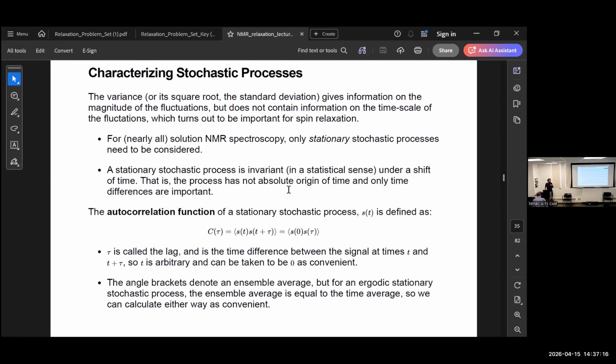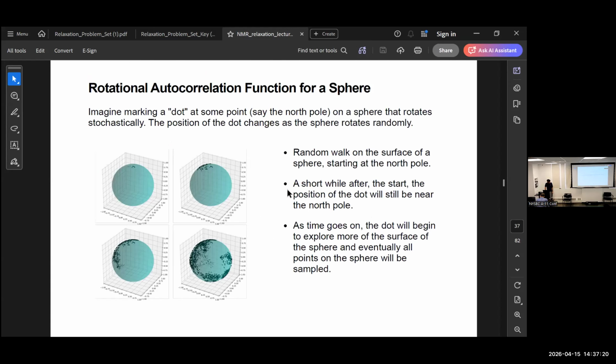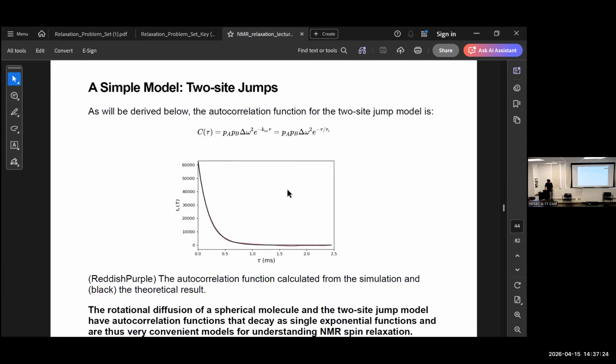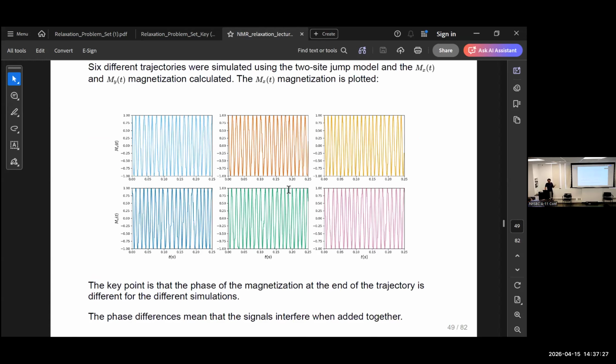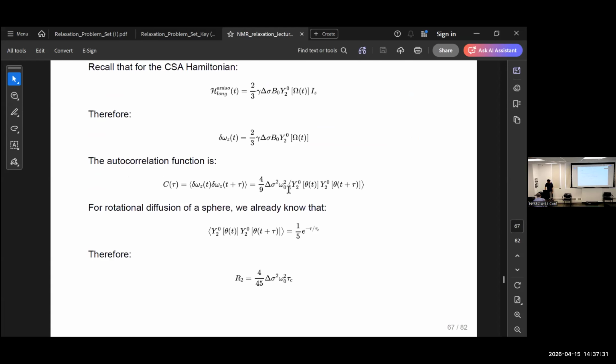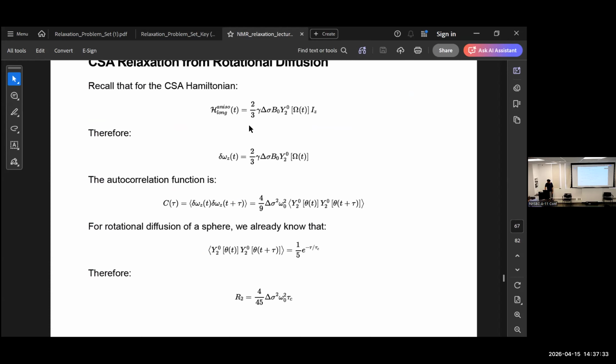You can go back and solve the same problems using that field and visit the same subject. After this, our slides discuss in great detail what the random phase model characteristics are.